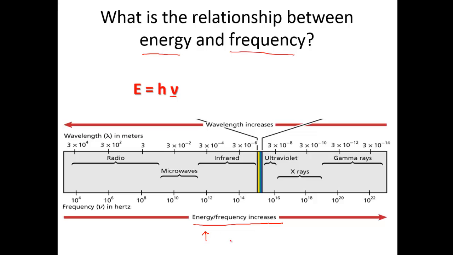Energy goes up when frequency goes up. The frequency is the amount of waves we have per second: more waves per second, more energy. So there is a direct relationship between energy and frequency.